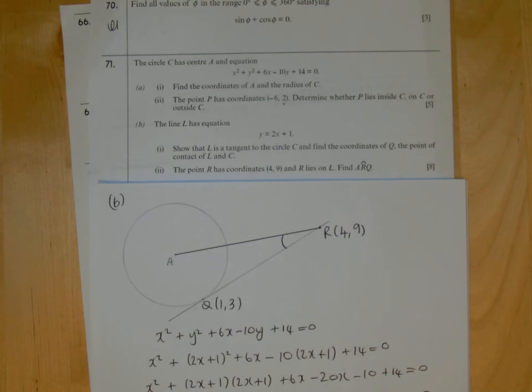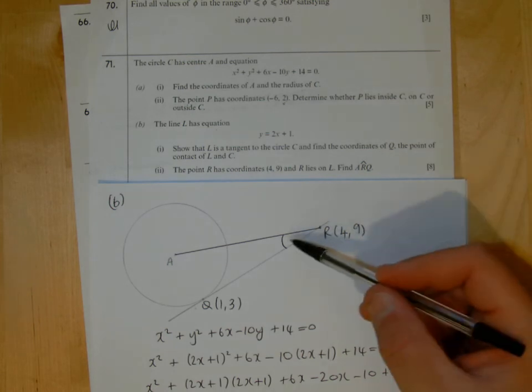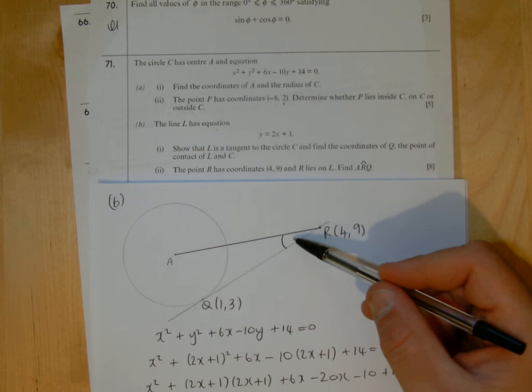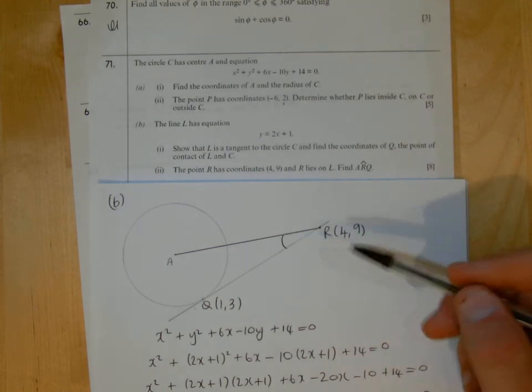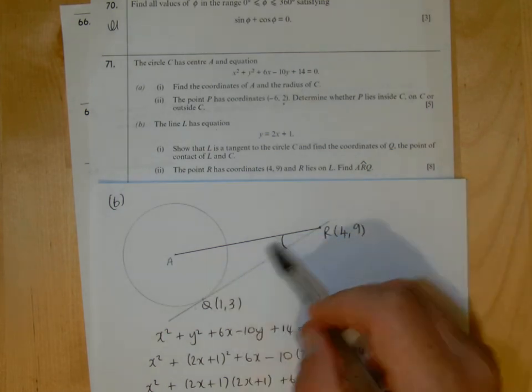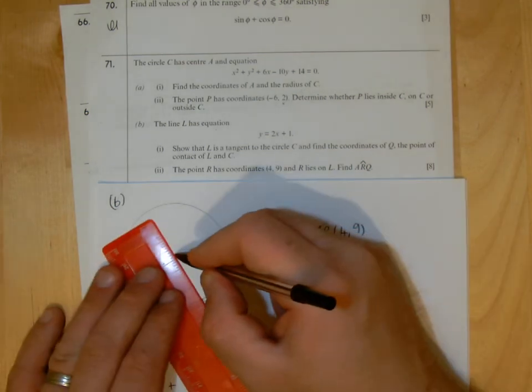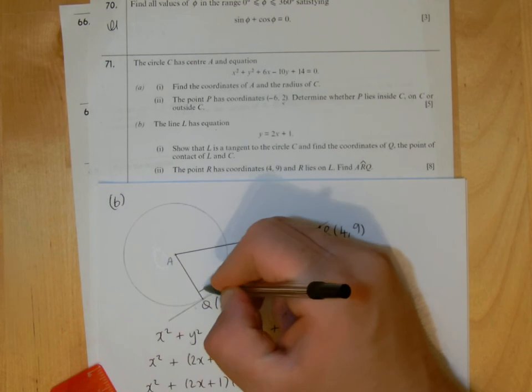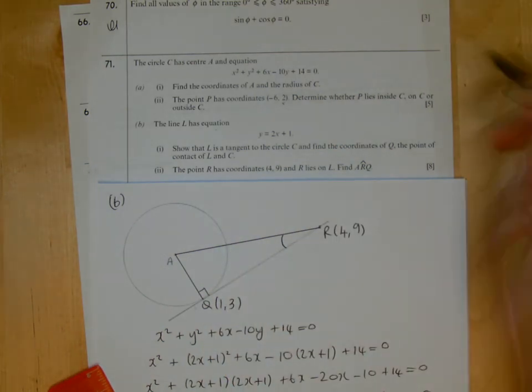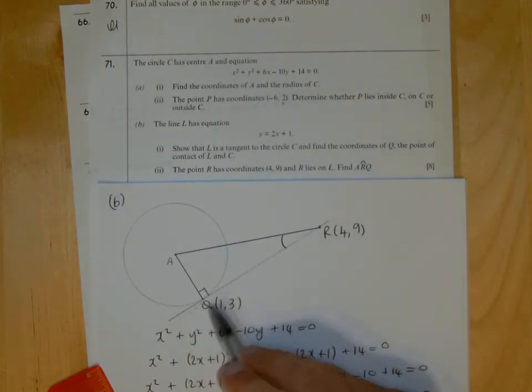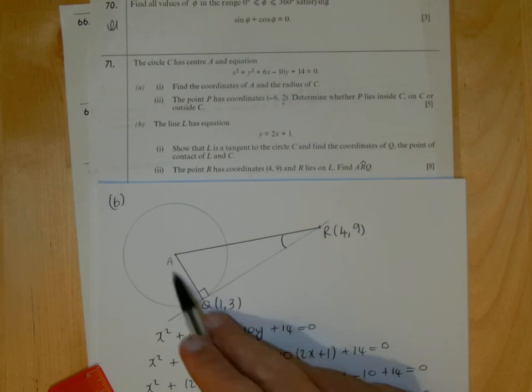Now we can work that angle out if we know certain distances. The reason I say that is because if we complete our triangle by joining A to Q, this here has to be a right angle, because if you remember, a tangent is at right angle to the radius.